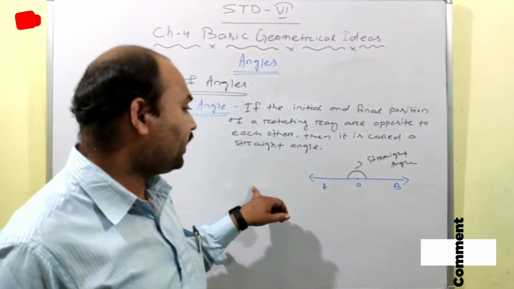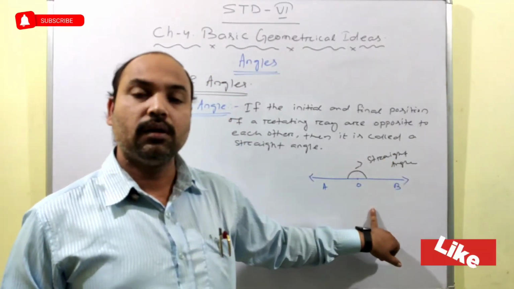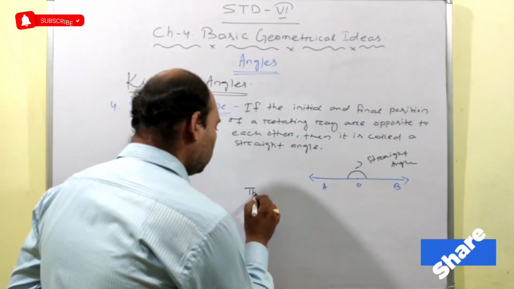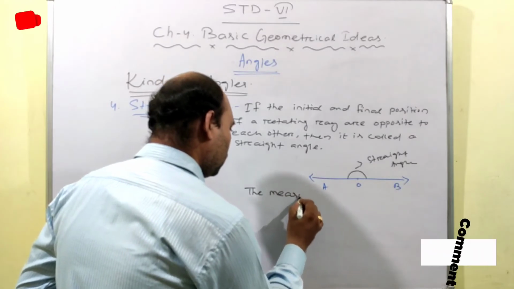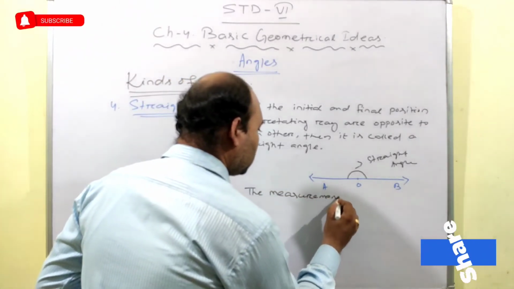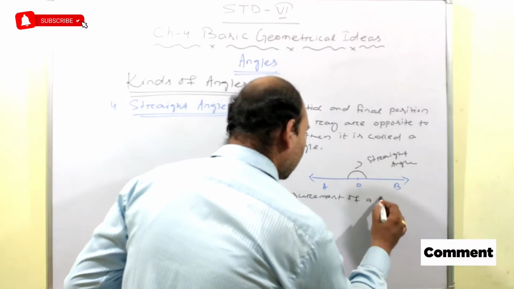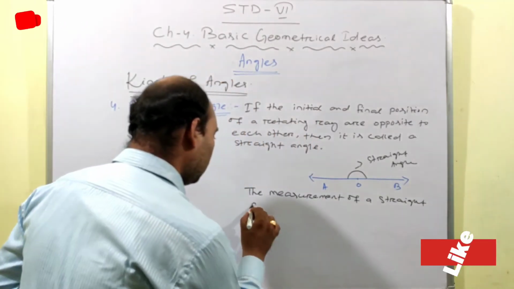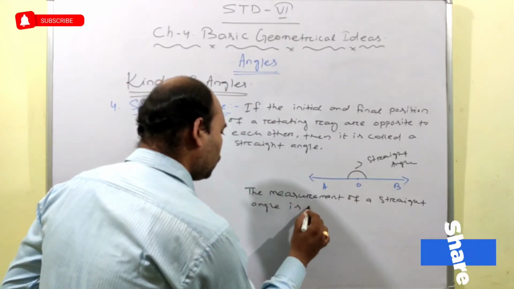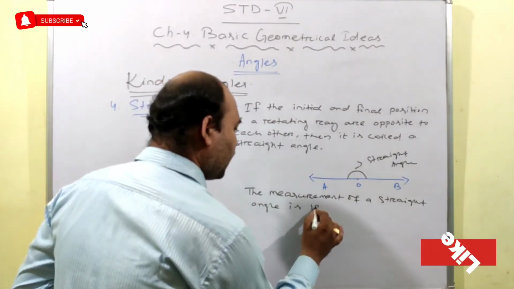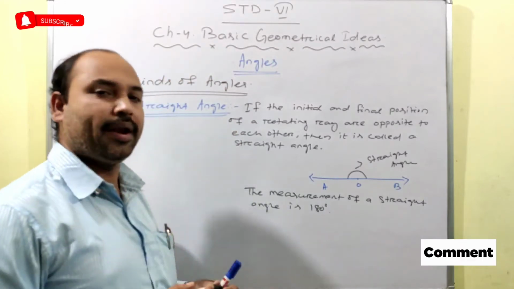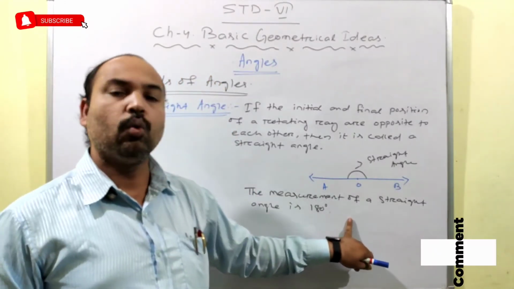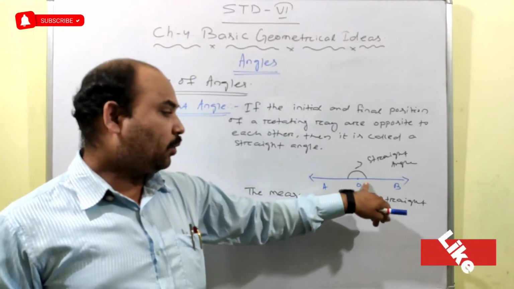Then it is also known as your straight angle. The measurement of a straight angle is exactly 180 degrees. How is 180 formed?